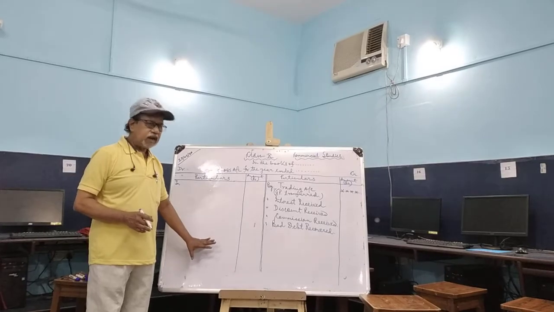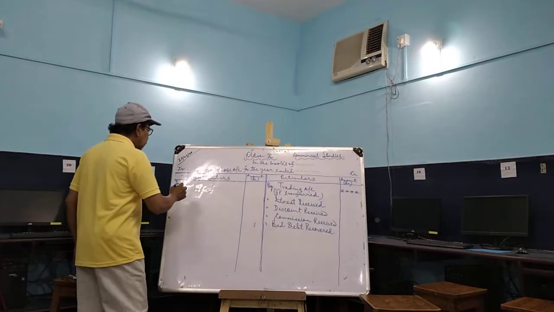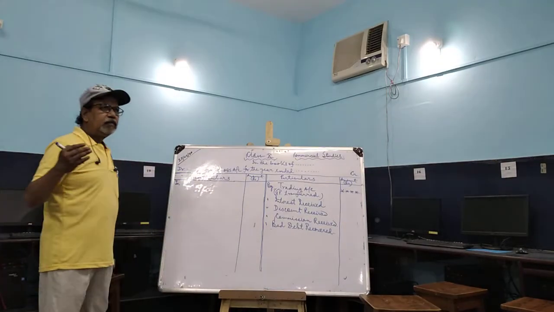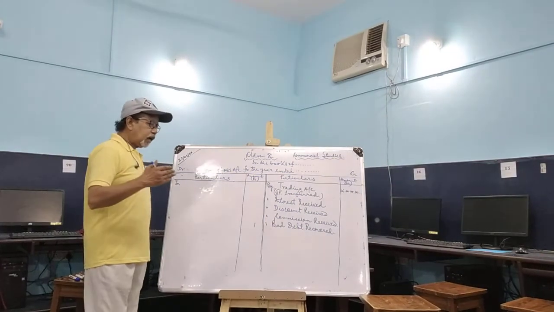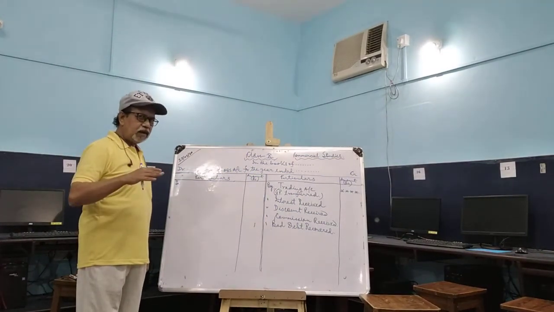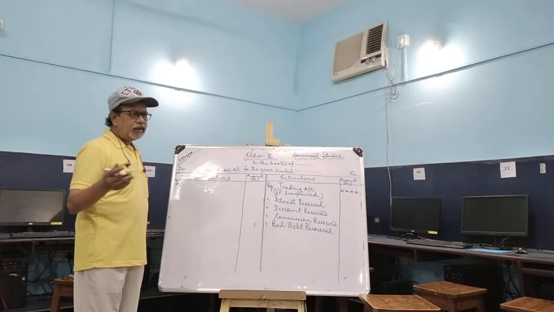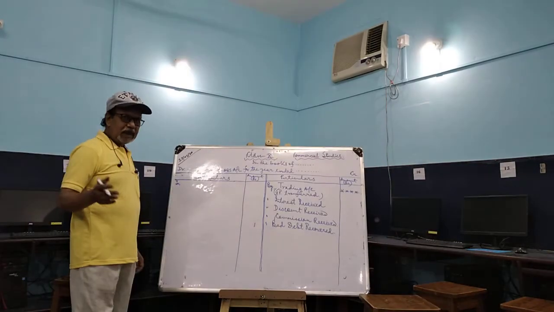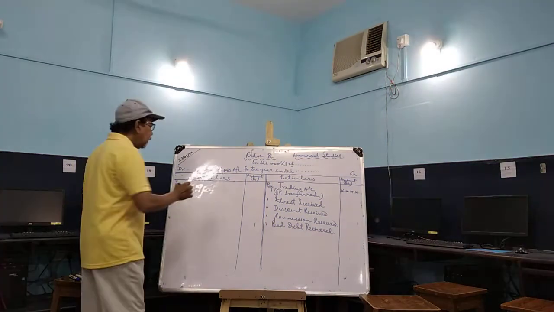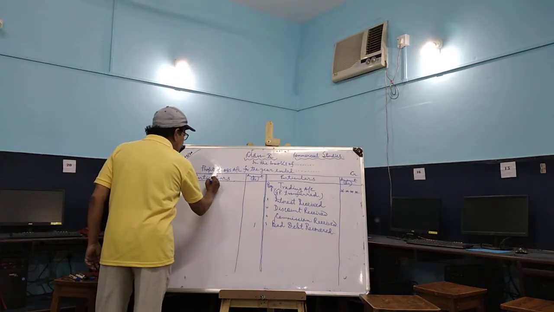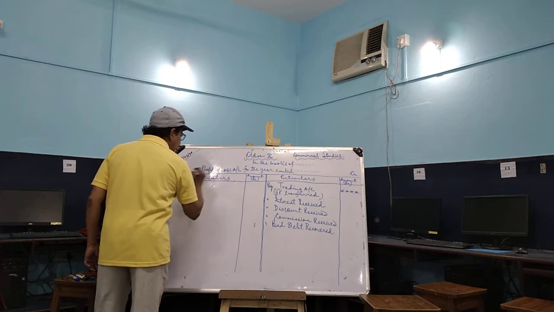Under these three categories, the expenditures are to be listed on the debit side of the profit and loss account. If you can remember the items of expenditure category-wise, then it's very good. Otherwise, for you, it is not necessary at this level. Still, you should try to remember the items categorically.